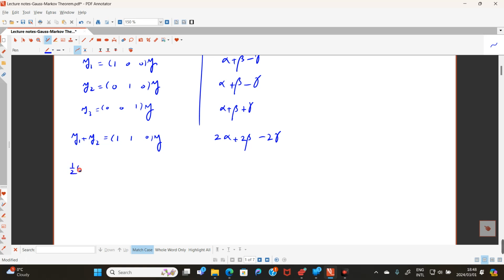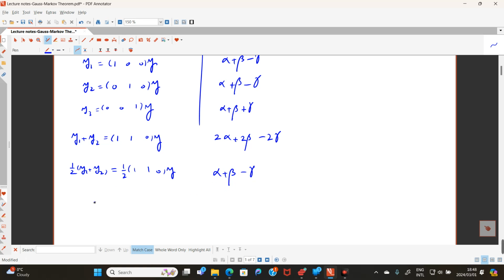Another one is half of y1 plus y2. I will carry this example towards the end of this session, so let's keep everything in mind. So I define this linear function of observations, and the linear function of the estimator is this.